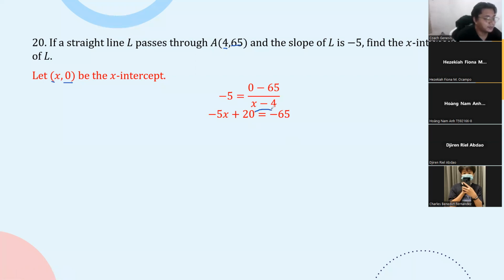If you subtract 20 from both sides of the equation, you will get -85. Now, -85 divided by -5 will give you x is equal to 17. So that means that the x-intercept is (17, 0), or 17. So that is number 20.